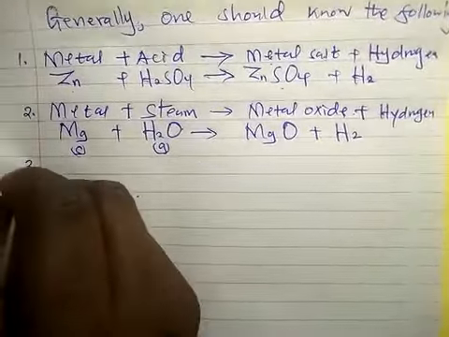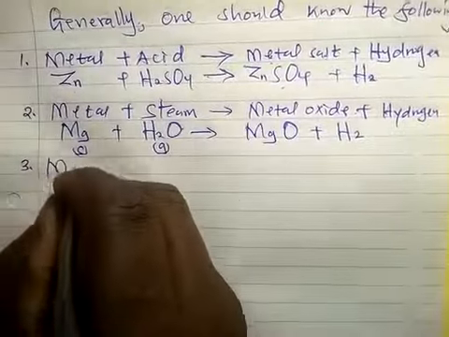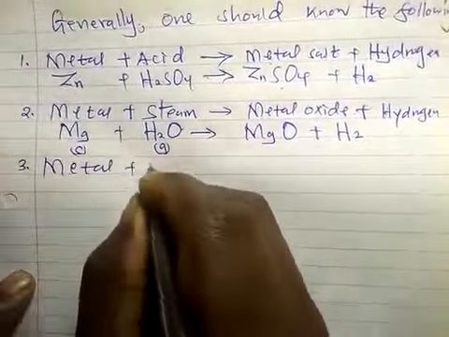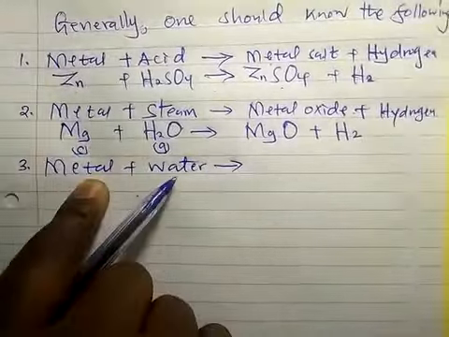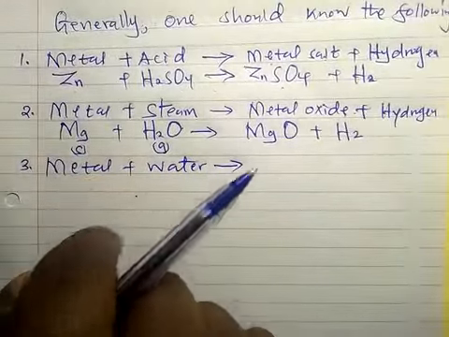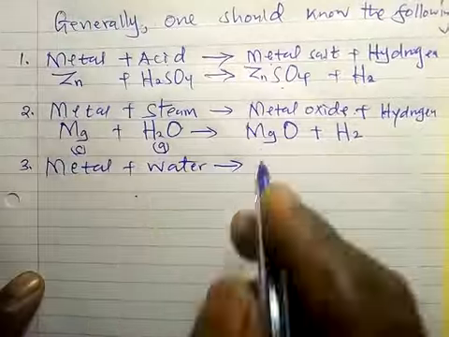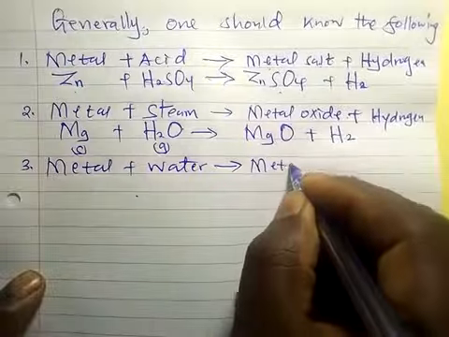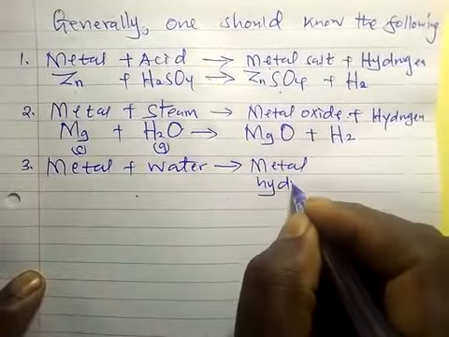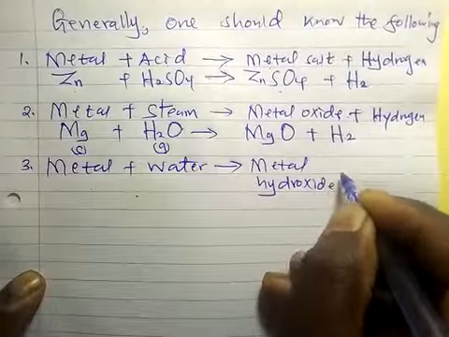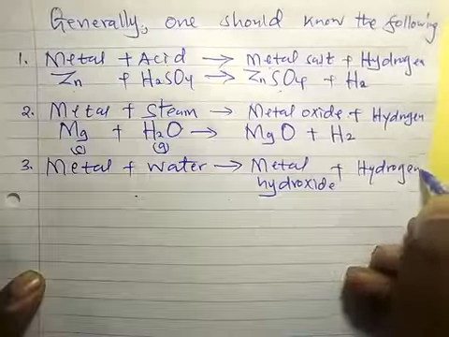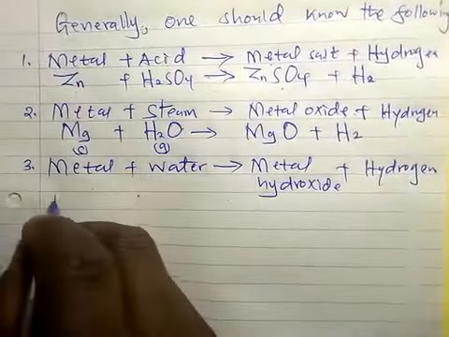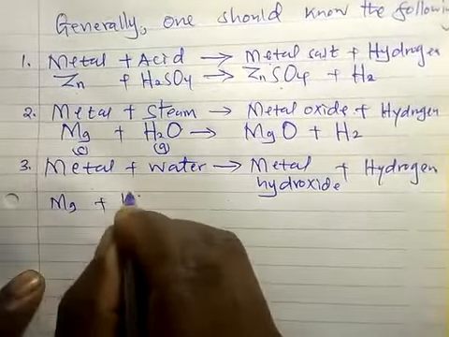Number three, metal plus water. What do they form? Any metal that is able to react with water will give you the metal hydroxide plus hydrogen gas. Very important. An example is magnesium plus water.